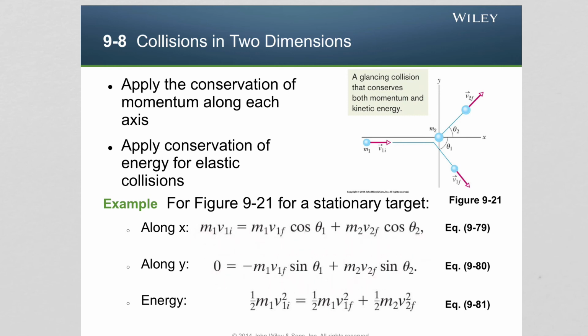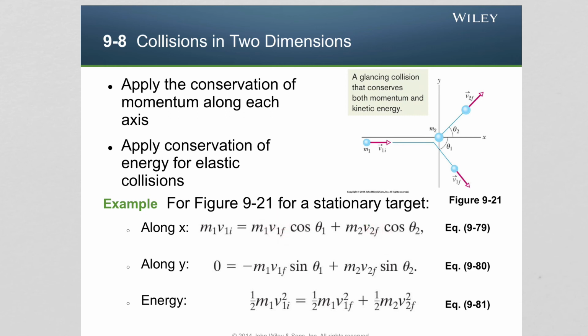And as you can see now, there is trigonometry involved in the expressions. And then I can write the conservation of kinetic energy as shown here. And so now I have a system of three equations for two unknowns, V1f and V2f.